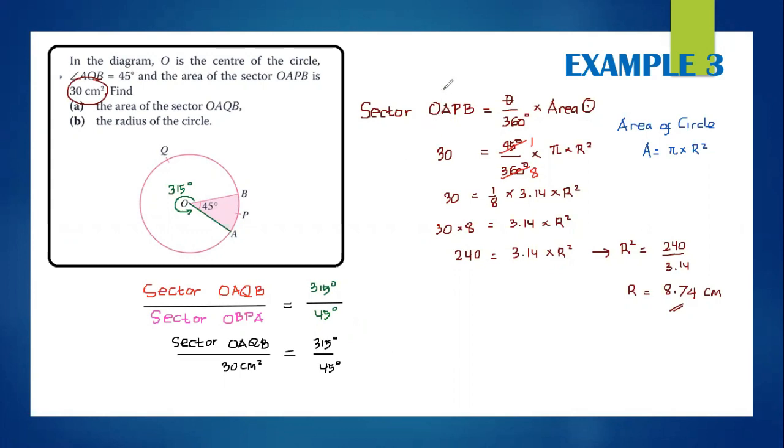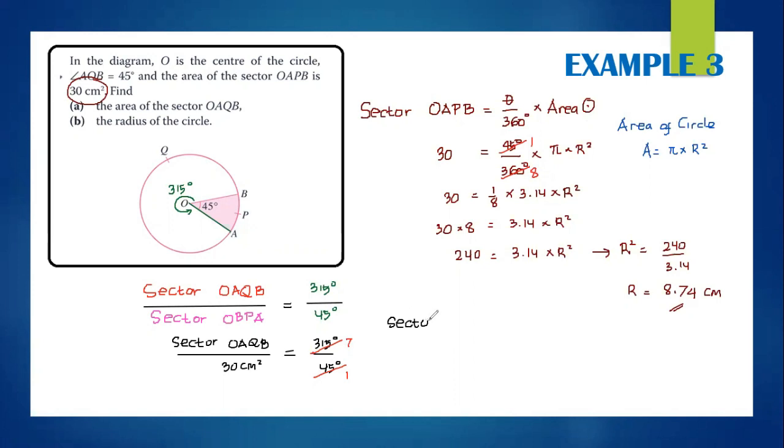Okay, we can simplify this first: 1 and 7. Both terms are divided by 45 degrees. Okay, the next is cross multiplication.